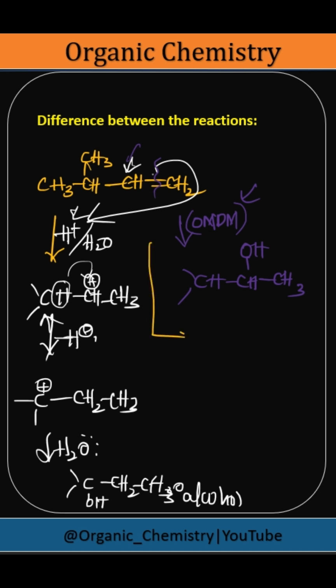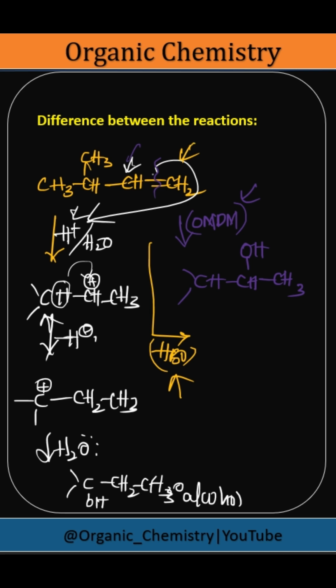For hydroboration oxidation, I'm just mentioning it like this. Here the reagent will be BH3 THF, and in the presence of H2O2 water. So you can just write the reagent over here. And here we get the product according to anti-Markovnikov addition, which means we have to add OH on the less substituted carbon.